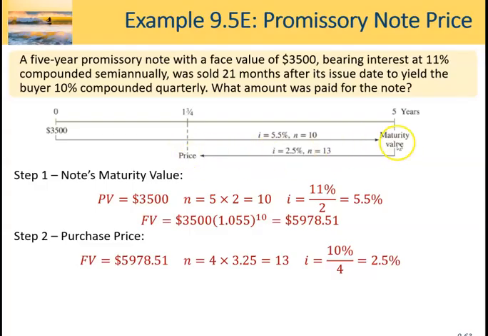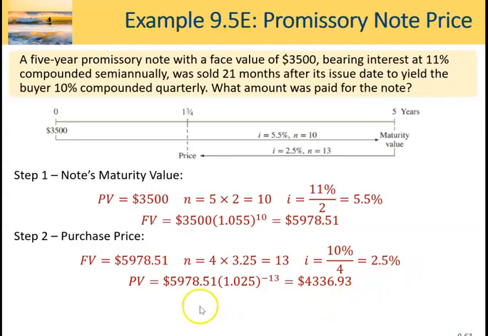Okay, so there's 3 1/4 years to discount it back. So that means your N is going to be 13. The new rate is 10% divided by 4, gives you a periodic interest rate of 2.5%.